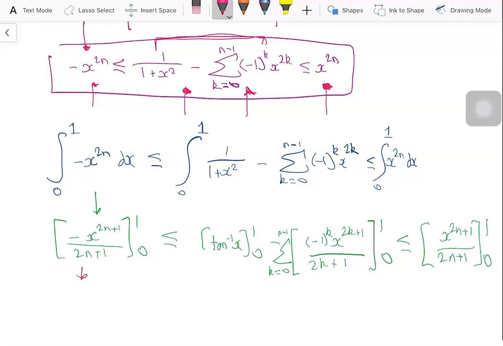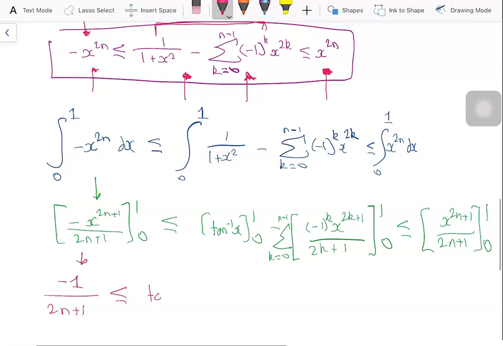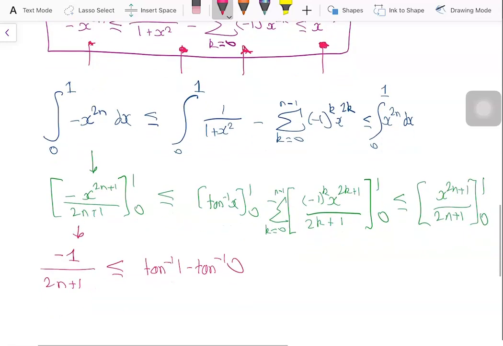Now the left hand side will be negative 1 to the power of 2n plus 1, which is just 1, and we have this is at most tan inverse 1 minus tan inverse 0 minus the sum of k equals 0 to n minus 1.